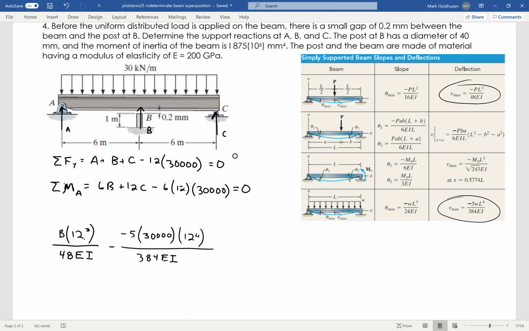Now, that's going to equal the total deflection, well, not the total deflection of the post. It's going to equal 0.0002 meters, so it'll deflect down that much, and then it will compress that post a little bit. So it's the 0.2 millimeters plus the deflection of that post, and these will actually be negative. So this should be negative, right? Because it's going to deflect down.